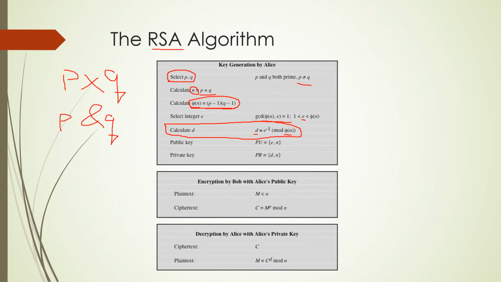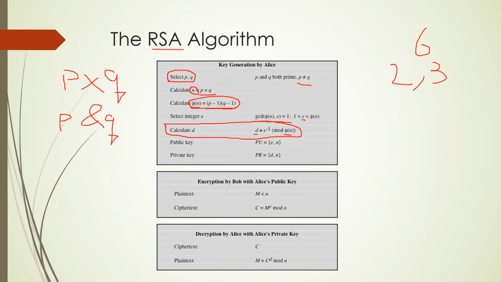Now you may say, wait a minute, this is easy to do. If I know the product of P and Q, I can calculate P and Q. How? By doing prime factorization. Probably you have learned it in your early years of school. For example, if I give you the number 6 and I say, this is a semi-prime number, find out the prime factors. You just simply say 2 and 3.